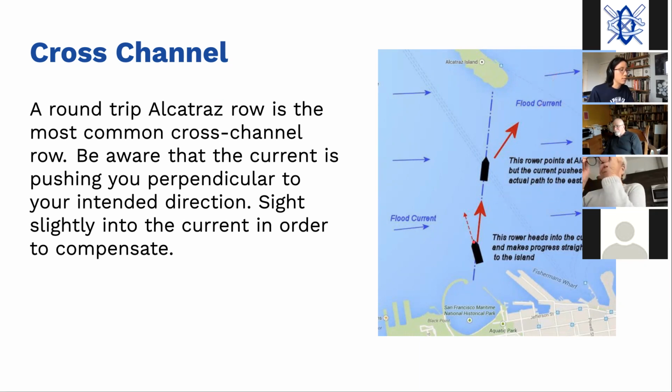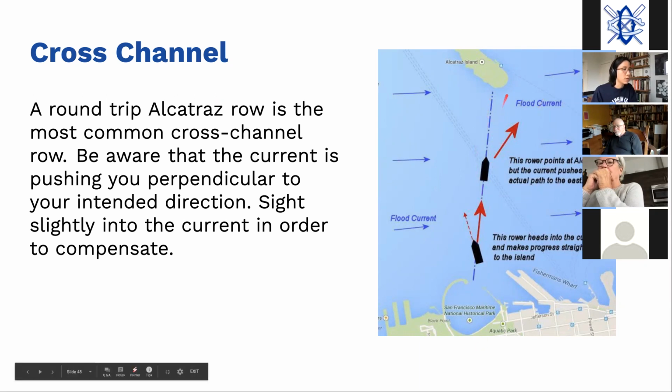So if you wanted to take the most efficient line towards Alcatraz, you would point the nose of your boat into the current, and as you row, the current will correct your trajectory and you'll end up over here rather than way over here. So that's something to keep in mind.